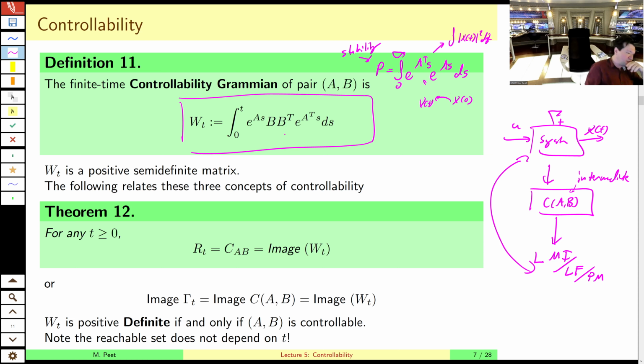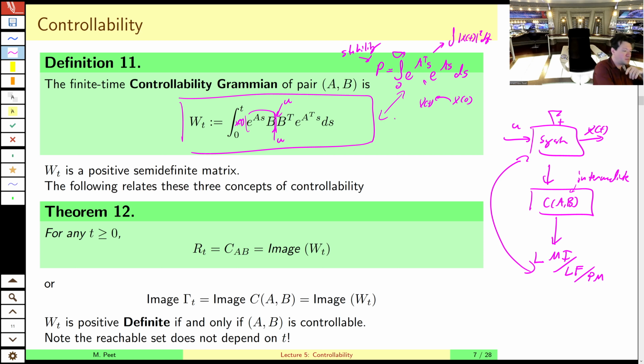Basically, this comes from the inputs going in the middle, so we could choose anything in the middle. These inputs get mapped through this function to the state, x of t. And so we want to determine which sets are reachable through some proper choice of this intermediate u that goes in the middle. That's a good way of thinking about it. Again, somewhat similar to what we had in the stability case, but not exactly.